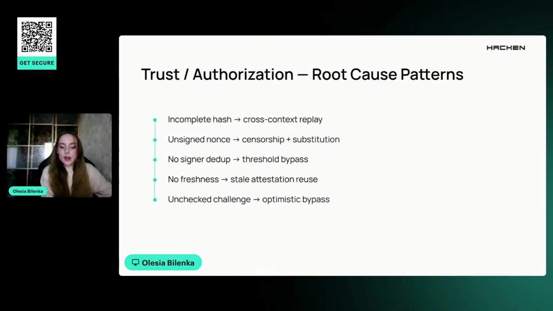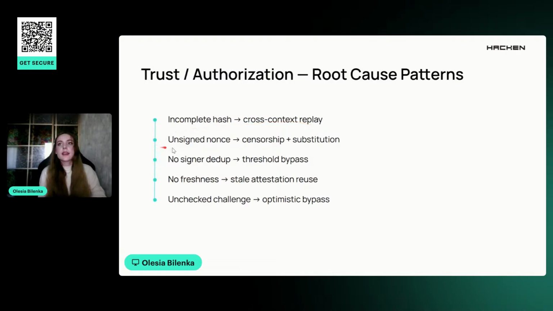To sum up this axis, we had 5 bridge types and 5 bugs with one pattern for most of them: the gap between what was signed and what was executed. So incomplete hash led to cross-contract replay. There was no domain separation, and signatures could float between contexts.